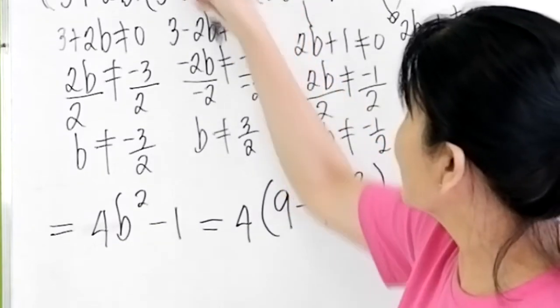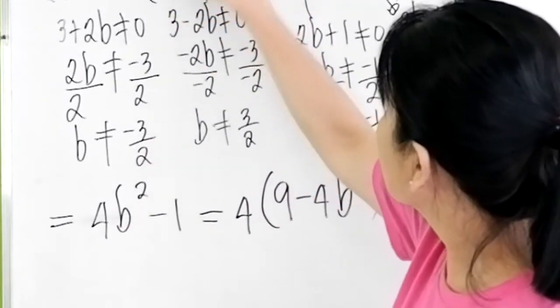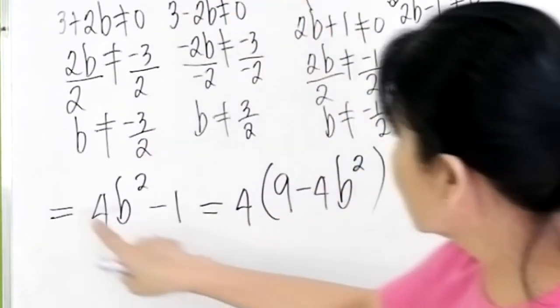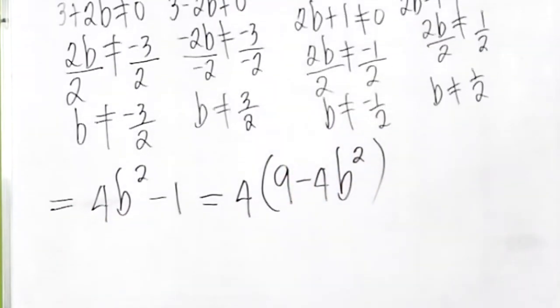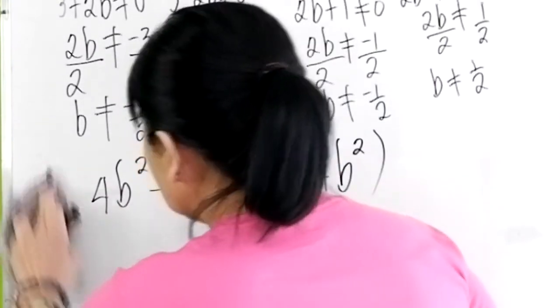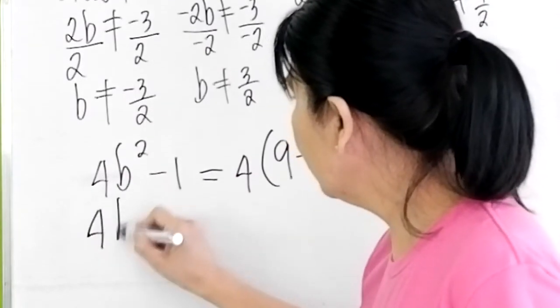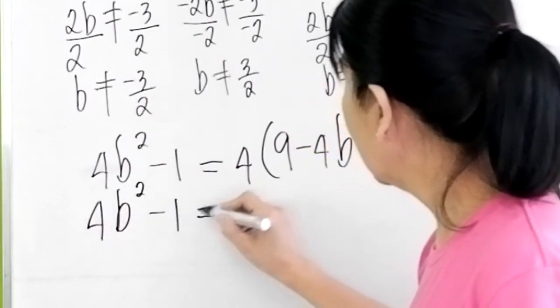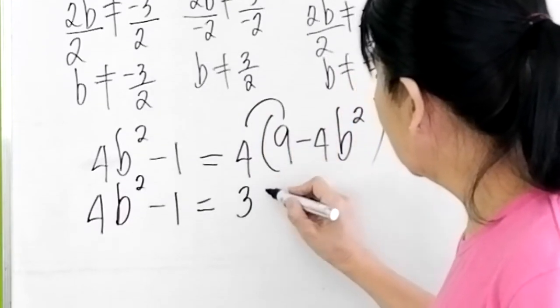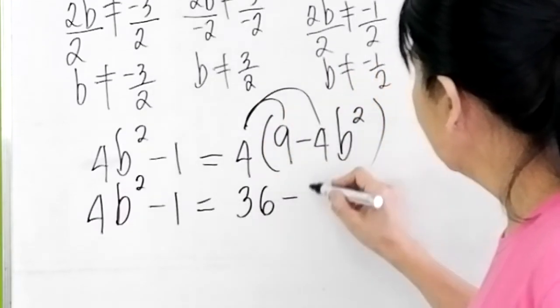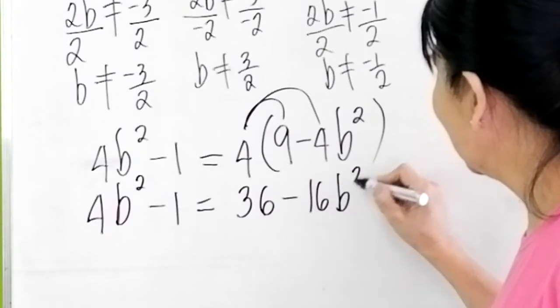There, again, you cross multiply, we have this. Now let me erase this one, it might distract you. Then simplify. So we have 4b squared minus 1 equals 9 times 4 is 36 minus 16b squared.